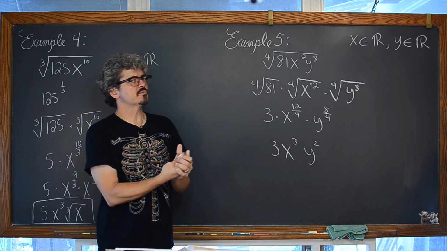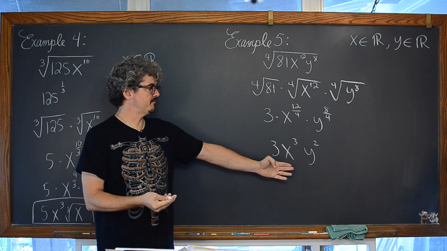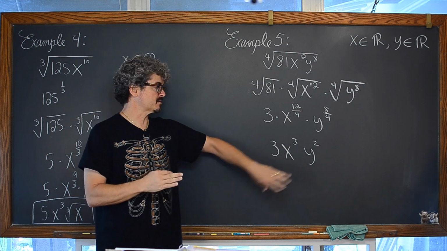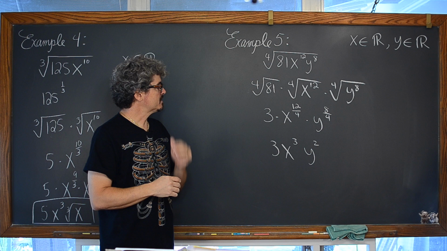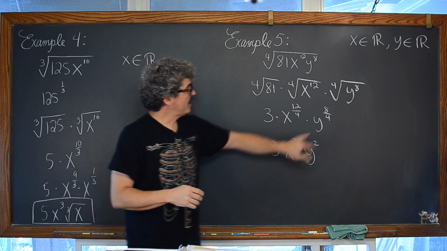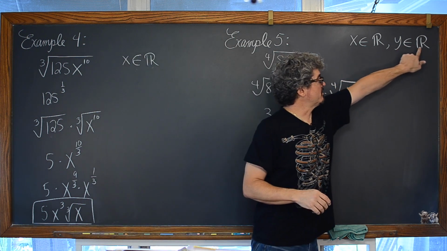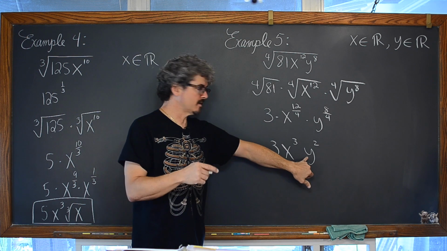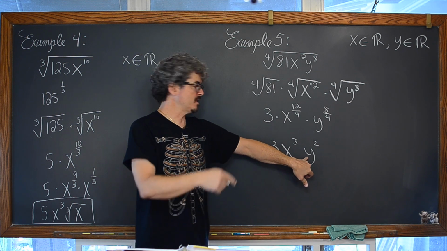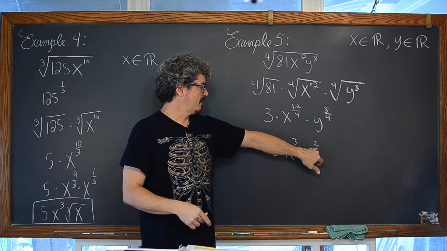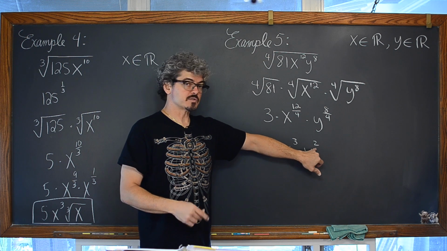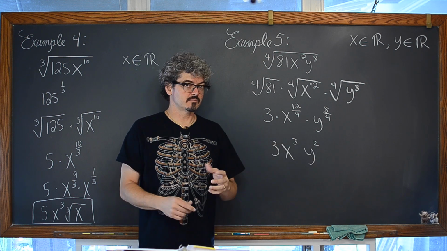Depending on the directions of your textbook, it may give you this as saying, okay, this is the final answer. But if y is an element of all real numbers, and you take any number, whether it's positive, negative, or 0, and square it, a negative number squared is positive, and a positive number squared is positive.